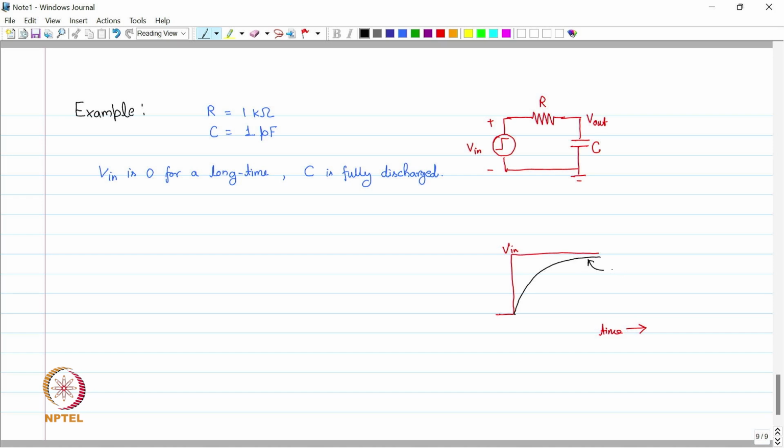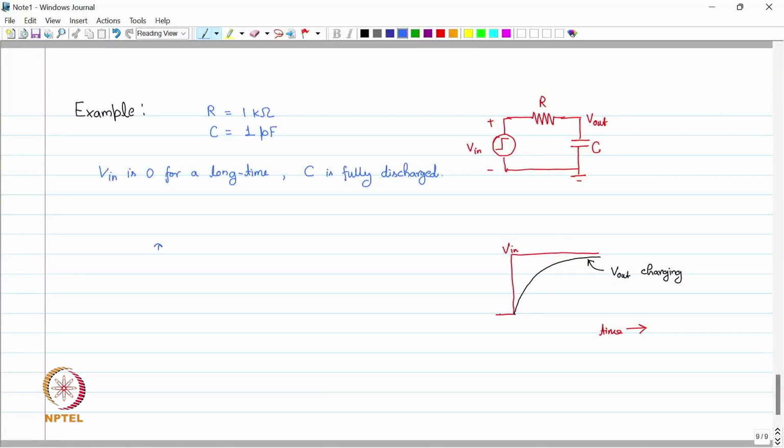This is the output charging, and from the previous discussion we know that the output charges to approximately 63% in one time period.